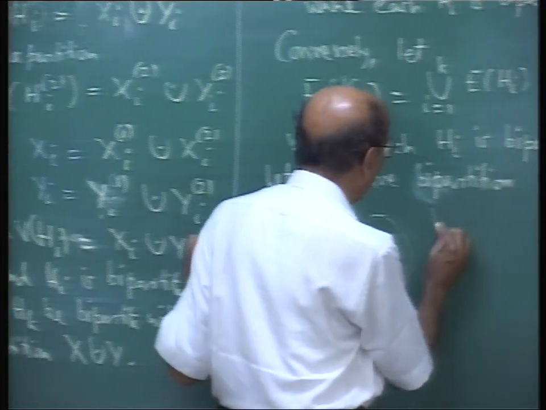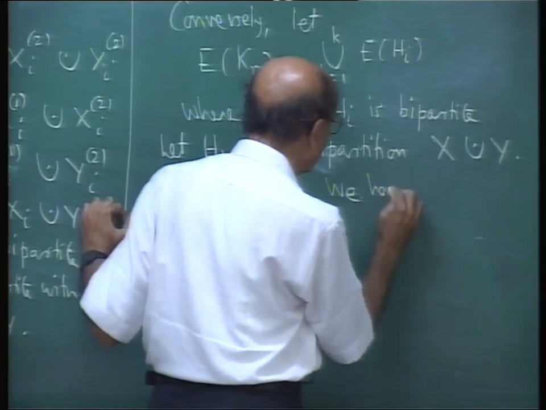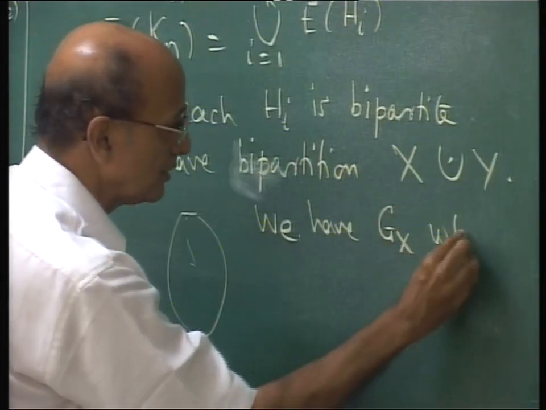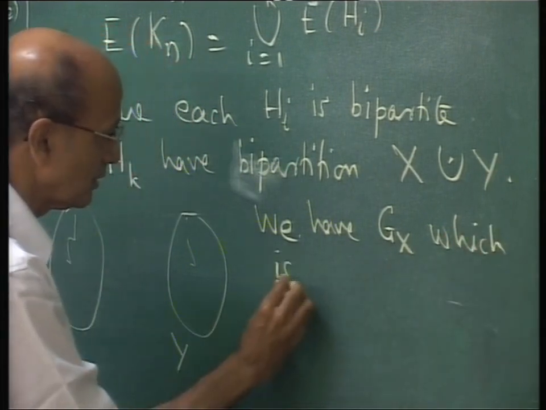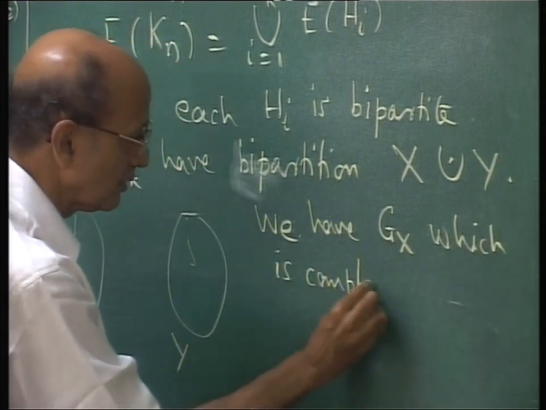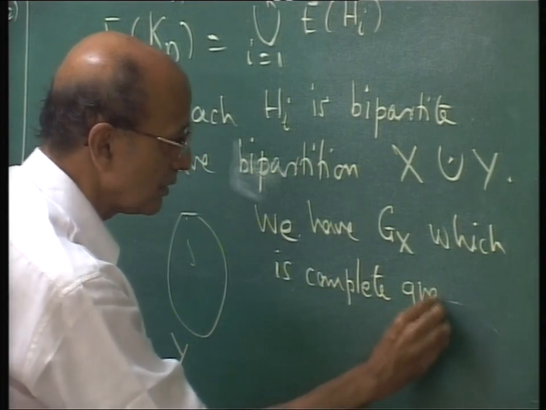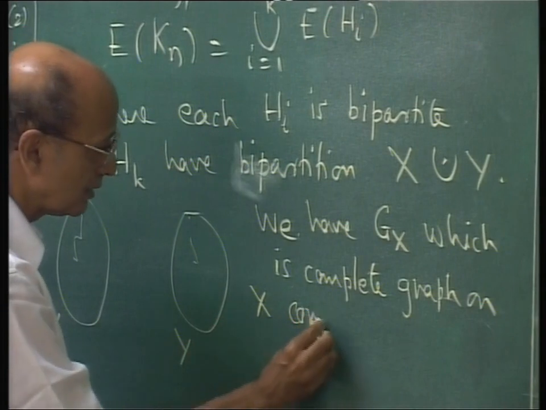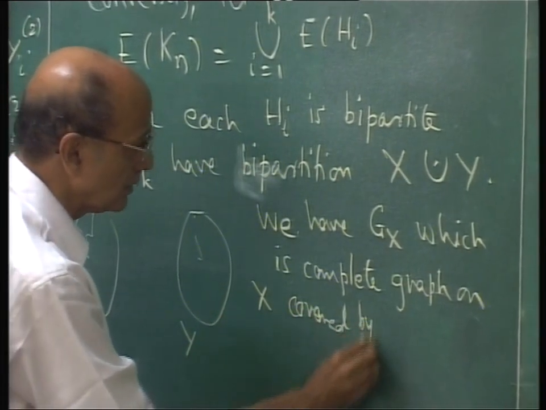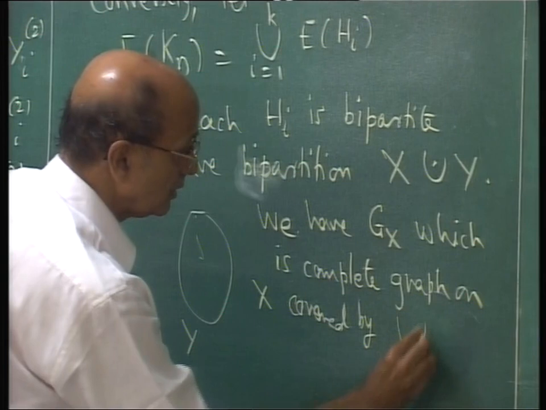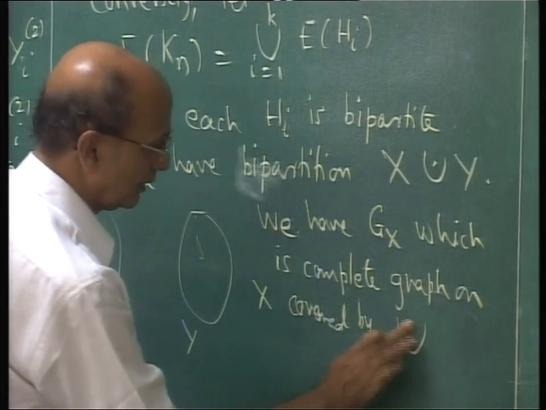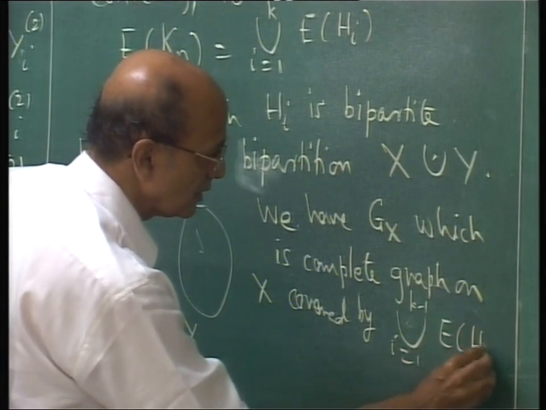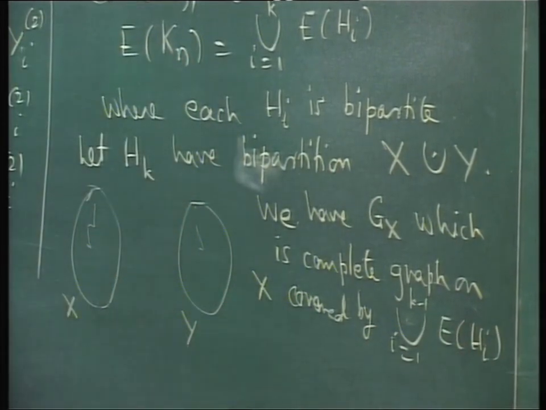So we have G sub x, which is complete graph on x covered by the first k minus 1.